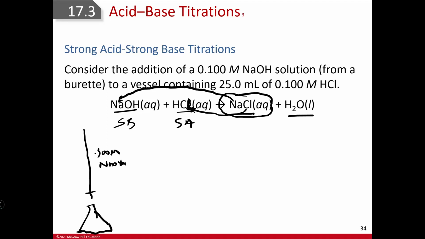And down here we have 25 milliliters of 0.100 molar hydrochloric acid. All right, so we're going to see what happens when we start adding this sodium hydroxide in a measurable amount that we will measure off the burette and see what that looks like.